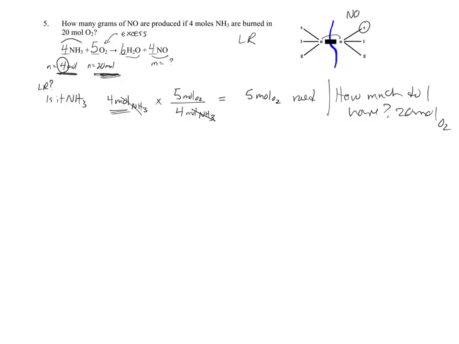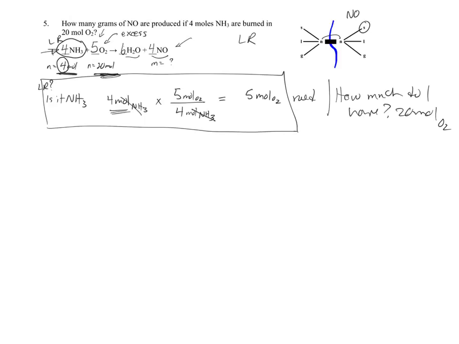And it means that this one must be my limiting reactant. Okay? So this part here, I guess I haven't done my river part yet, because this was to get me to moles of oxygen, and I want to go to moles of nitrogen monoxide. Okay, so now I know that this is the limiting reactant, so let's do the next part.